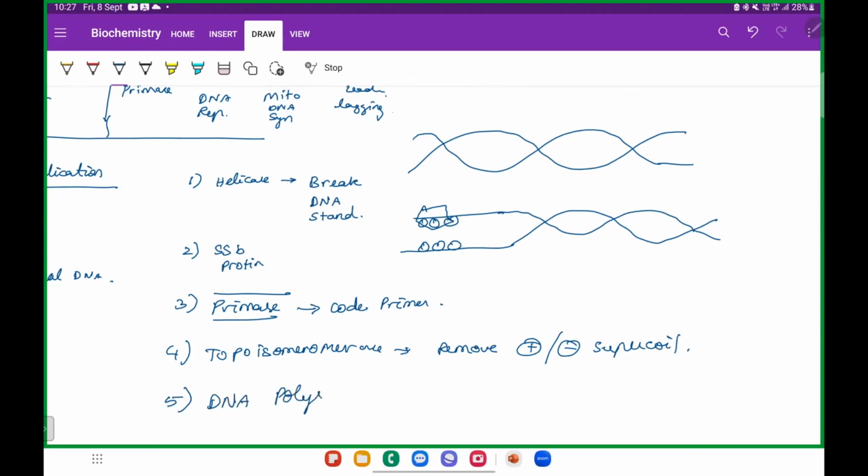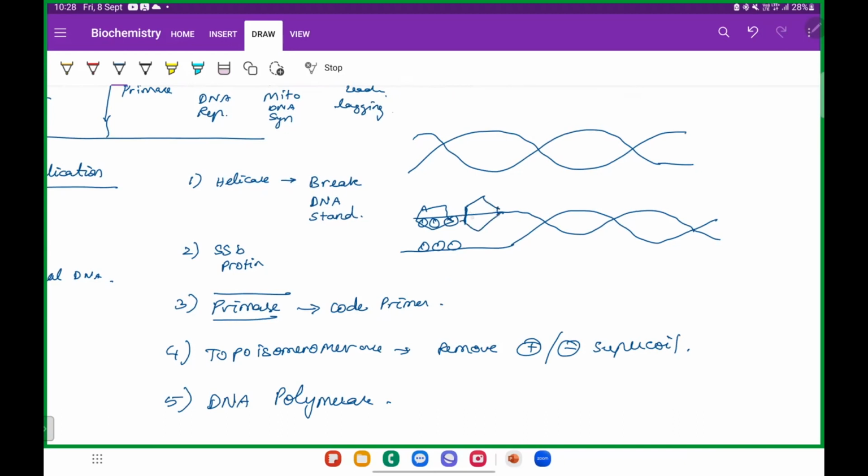Once the strands are separated and the primer has started, the primer creates the area for action of your DNA polymerase. You have already removed the supercoils by topoisomerase. Now comes the action of your DNA polymerase.